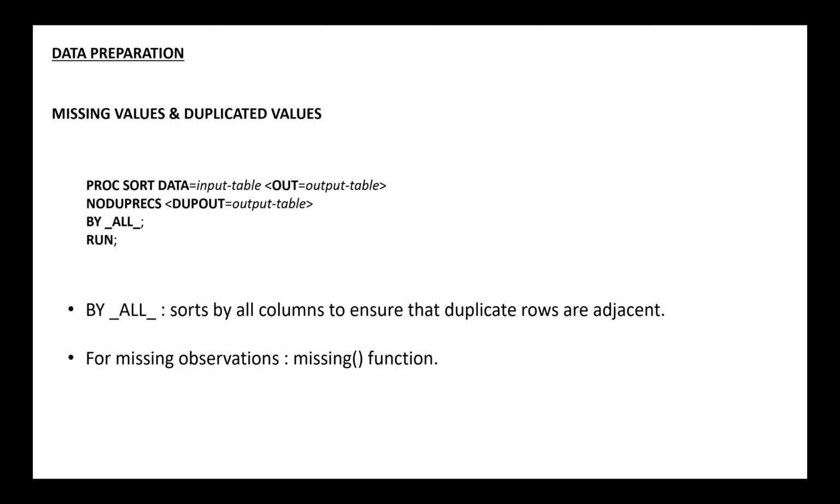A simple syntax of a sort procedure can be seen with the keyword NODUPRECS. So NODUPRECS allows us to deal with duplicated values in a SAS dataset. And we also specify BY _ALL_, which simply means it sorts by all columns to ensure that these duplicated rows are adjacent.